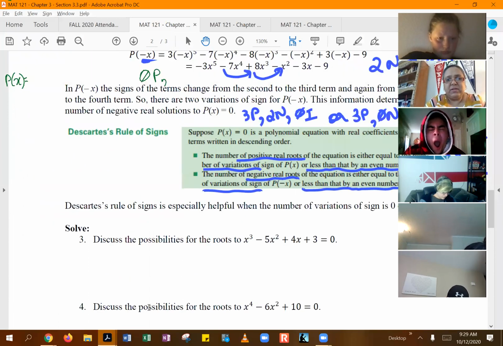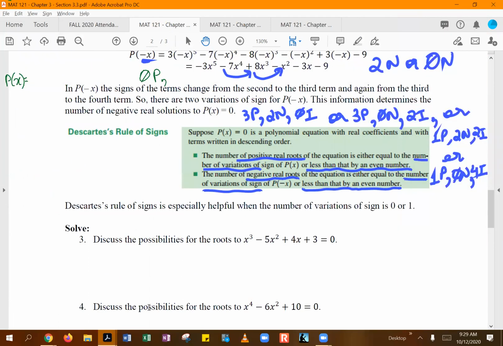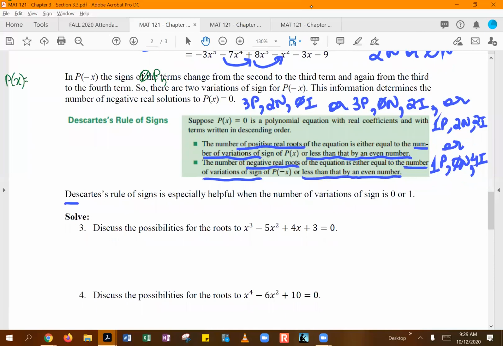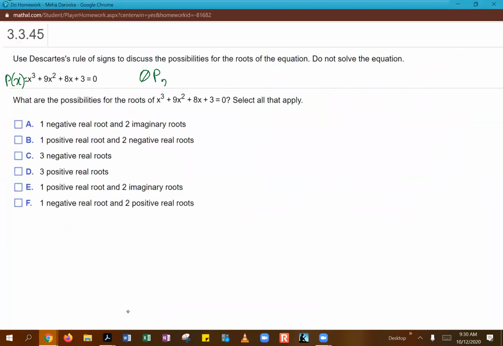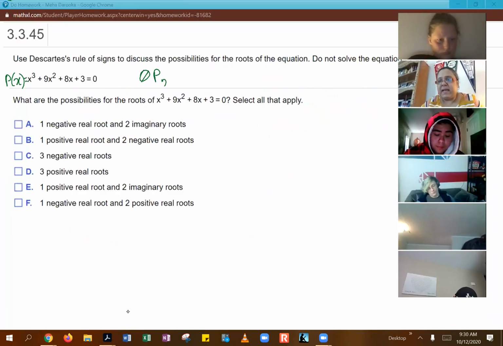And if you actually look at this statement right down here, we're talking about how Descartes' rule of signs is especially helpful when your number of variations is 0 or 1. And the reason we prefer that is because you cannot decrease it by an even number, right?